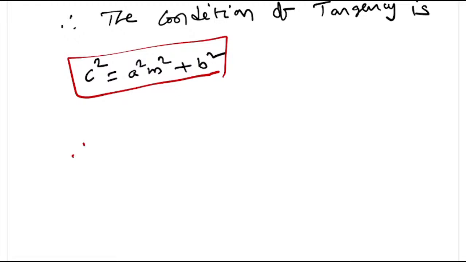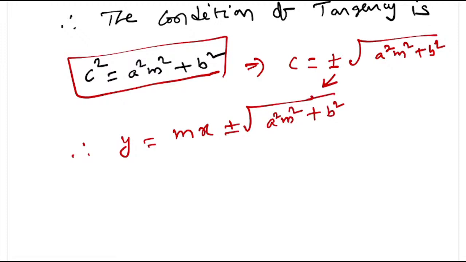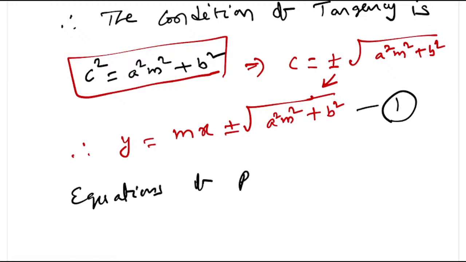So what will this become then? y is equal to mx plus or minus, instead of c, you put it here. Now this is actually the equations of the pair of tangents.